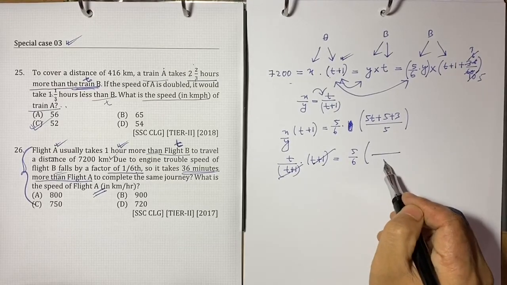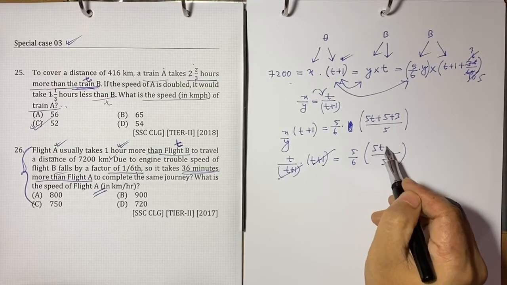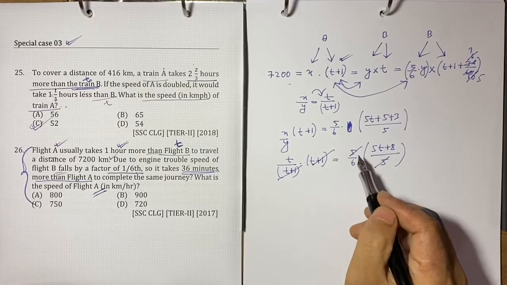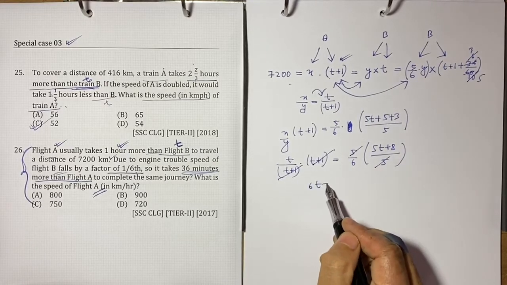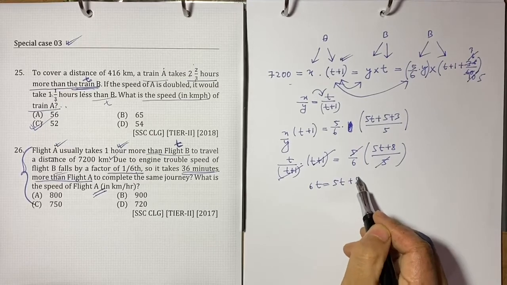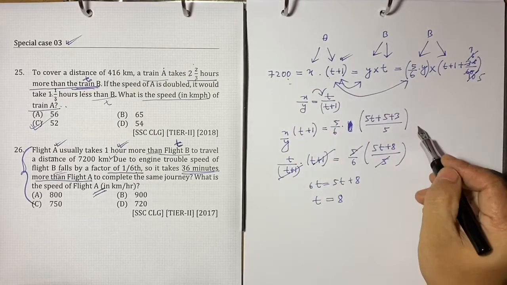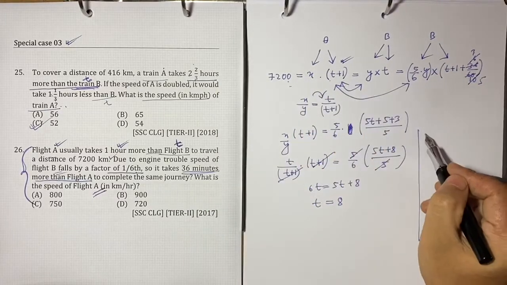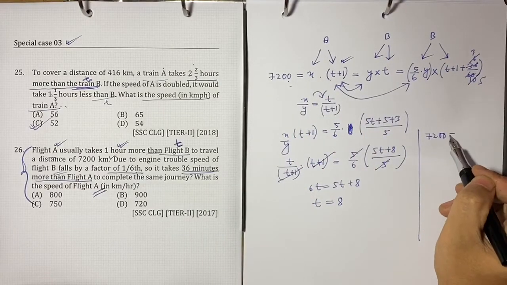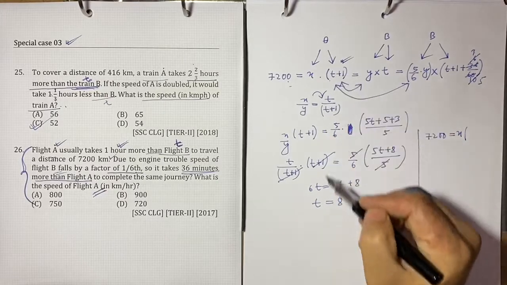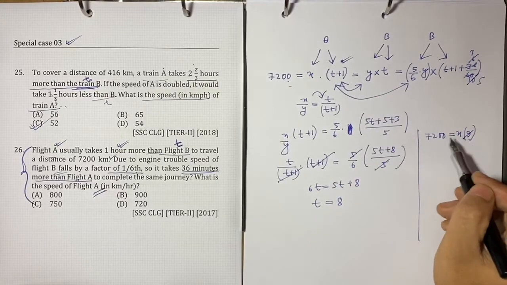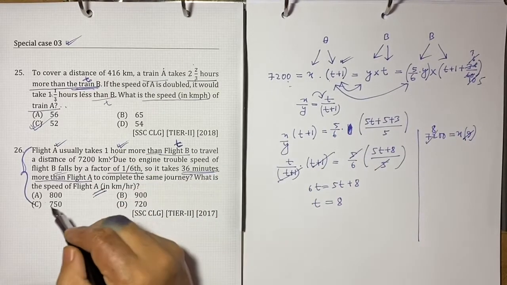So we get 5t plus 8, cancel, this 6t equal to 5t plus 8, so t is 8. Now the question: x into 7200 equal to x into t plus 1, 8 plus 1 is 9, cancel, 8x equal to 800.